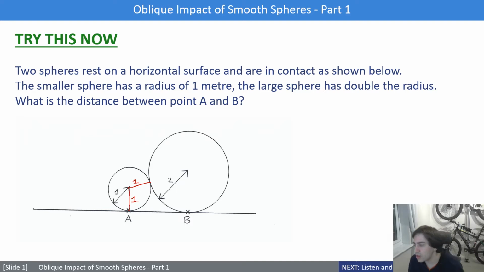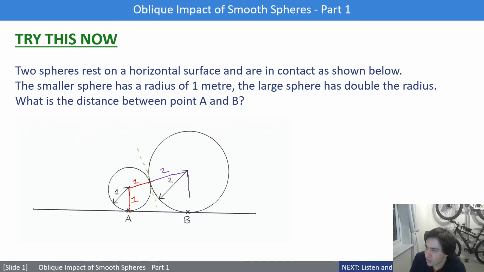And because of a fact that seems intuitive, which is that when the radius 1 and the radius 2 meet, they meet at right angles to the tangent of both of these spheres, at a tangent line, and because radii are always perpendicular to the tangent line, we can actually just continue this line on perfectly straight like that. And that's length 2.